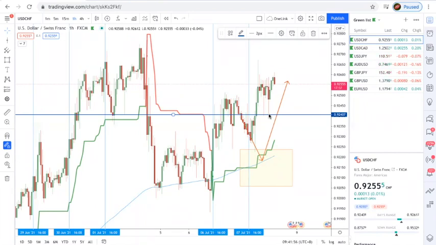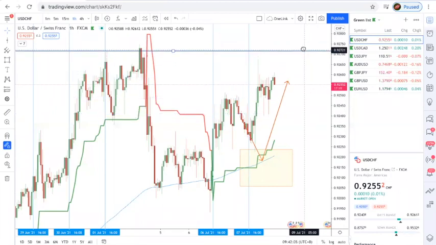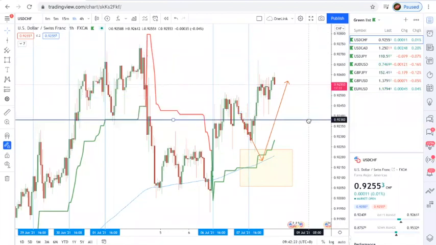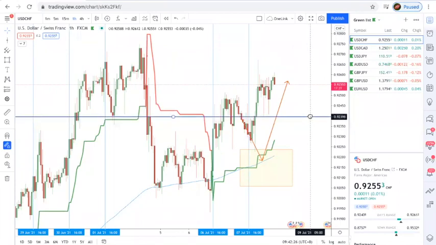And if the market goes above, it might reject after going to the tip of this. So this will be your selling position, 0.92730, if you want to sell on this particular pair. If you want to buy the pair, I think this particular region will be the best buying position.